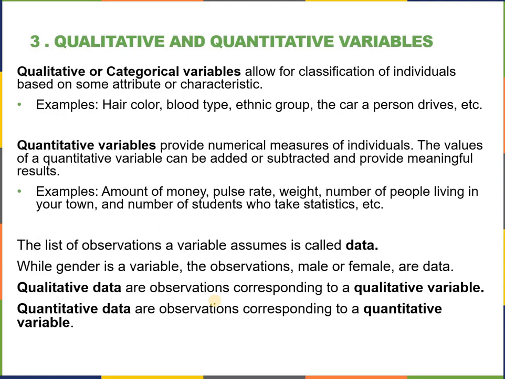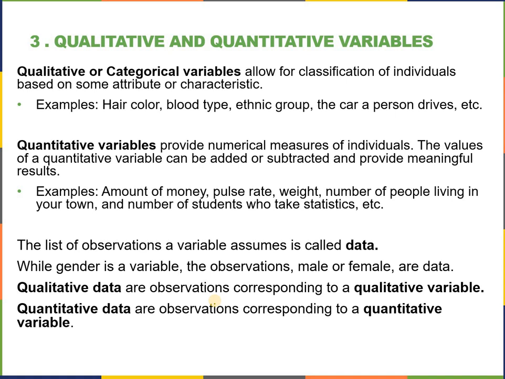So now that we know the steps of the statistical process, we need to discuss the types of variables. Remember that we talked about variables and we said variables could be characteristics describing the individual in words or numbers. So we know that variables can be qualitative and can be quantitative.